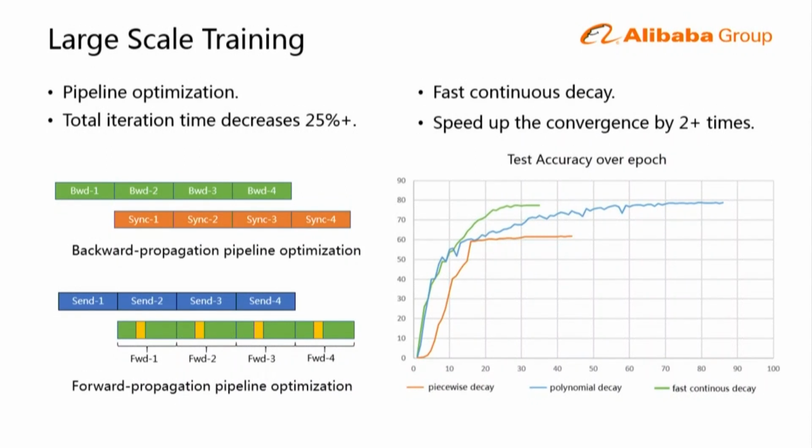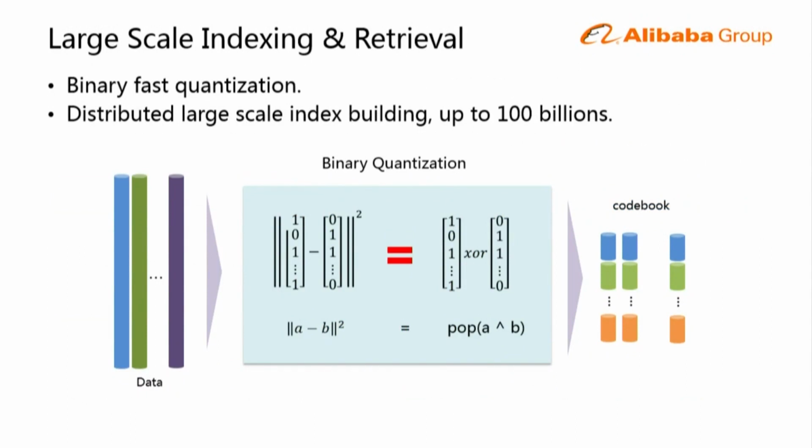By using pipeline optimization, we can speed up the iteration time by 25%. We also developed a very novel convergence algorithm called fast continuous decay, which outperforms the conventional method by more than 2 times.